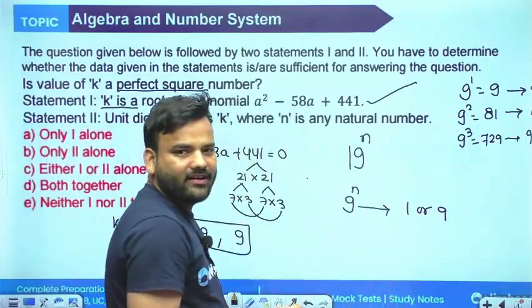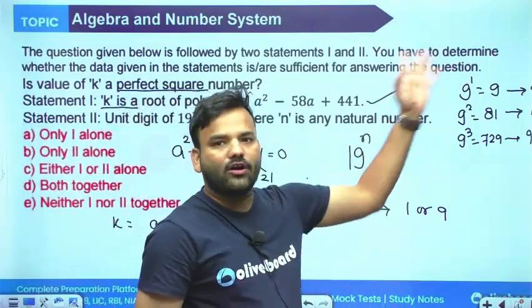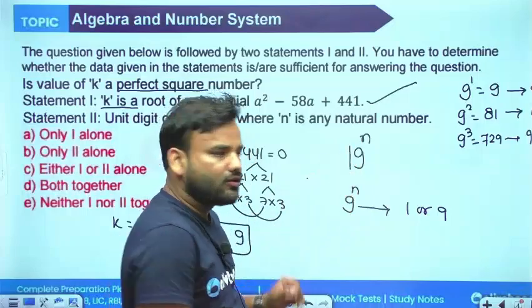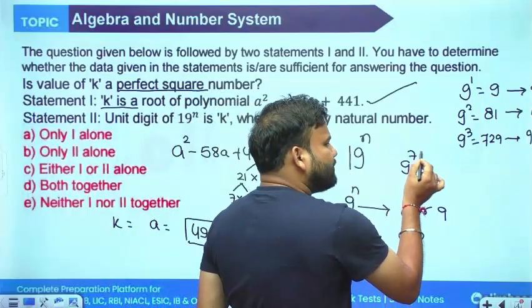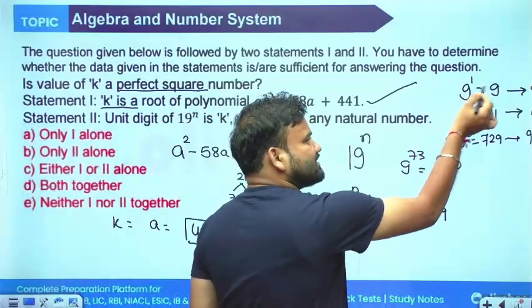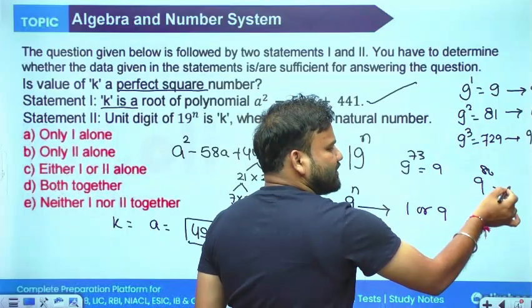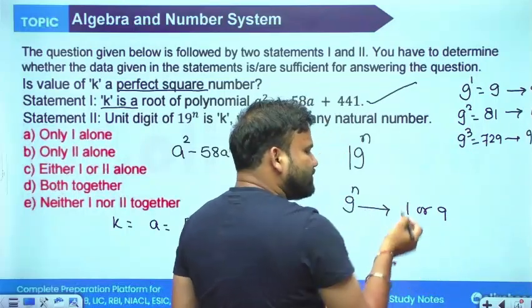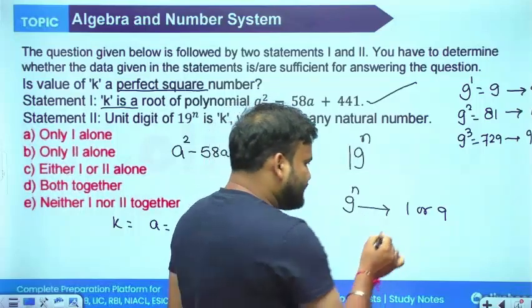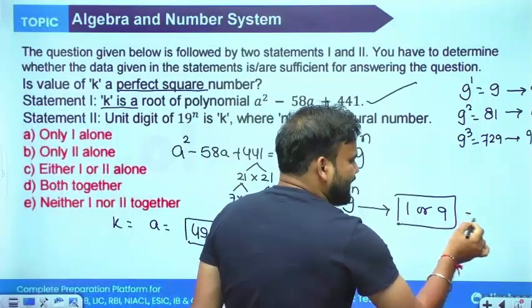If n is odd, what is the unit place of 9 to the power 73? 9 to the power odd is 9. What is the unit place of 9 to the power 80? 9 square is 81, which means 1. So the unit place will be either 1 or 9, and this number is nothing but the value of k.